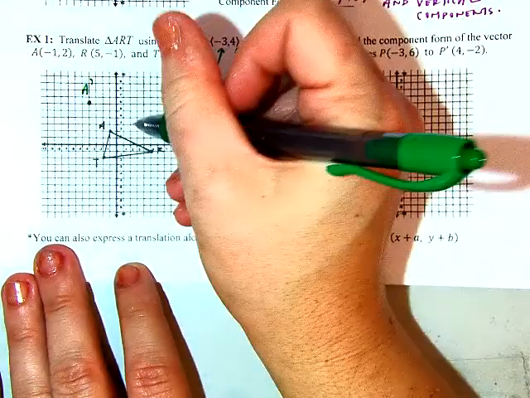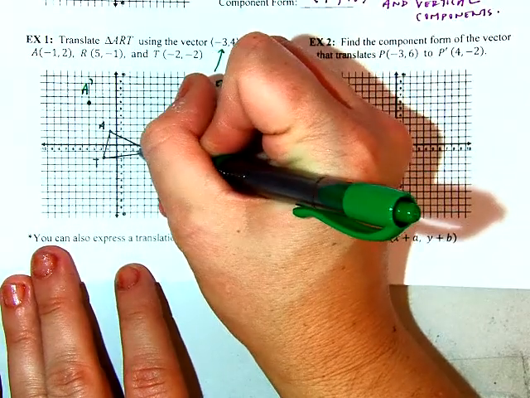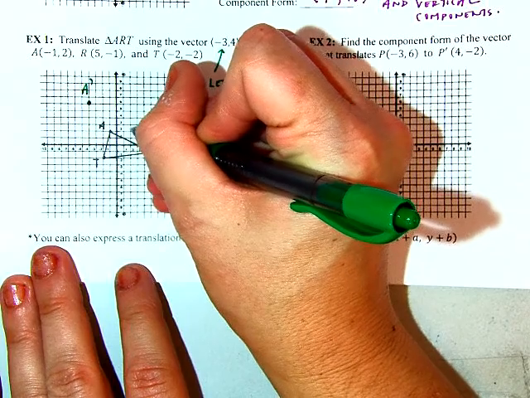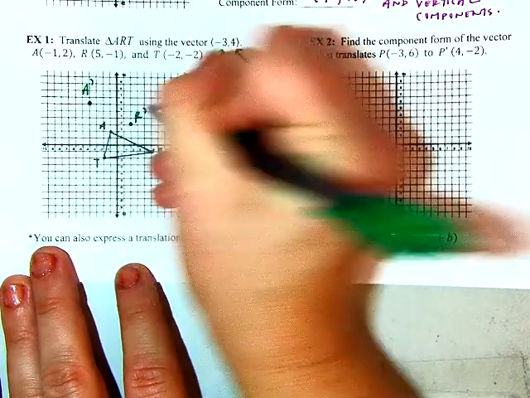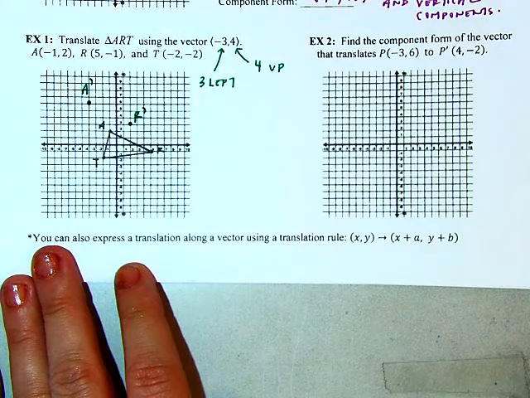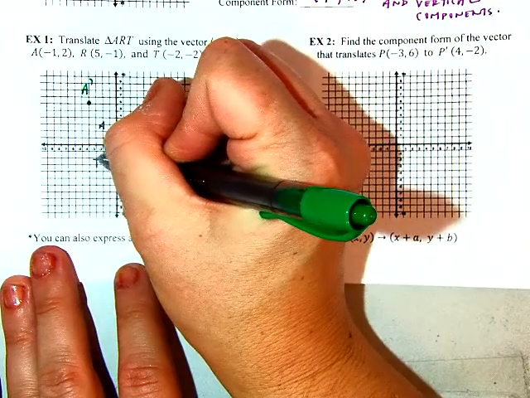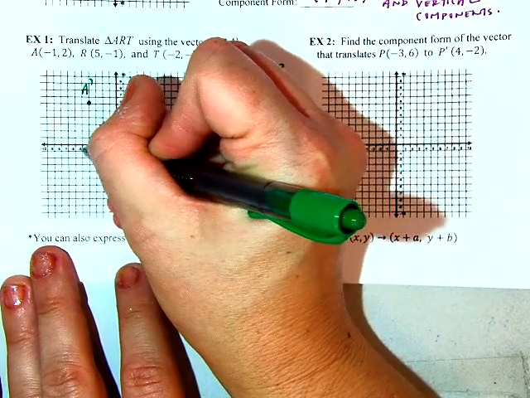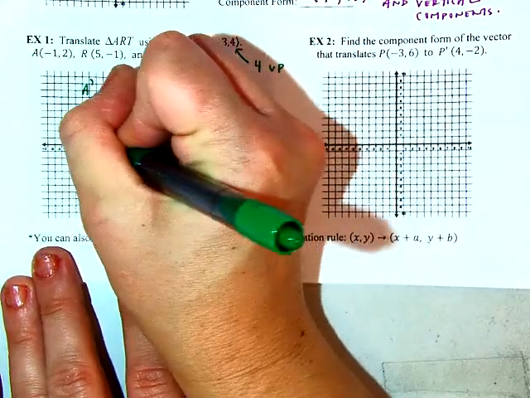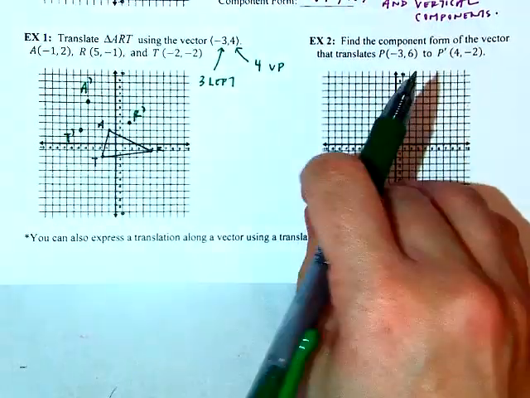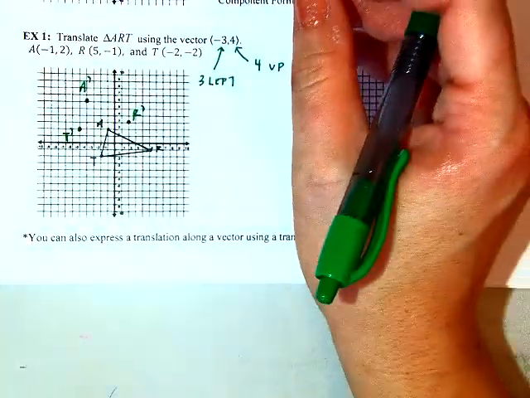Okay, for R, 3 left, 4 up. Here's my new R, R prime. My T, 3 left, 4 up. Here's my T prime. So I'm going to take my ruler, connect my dots.